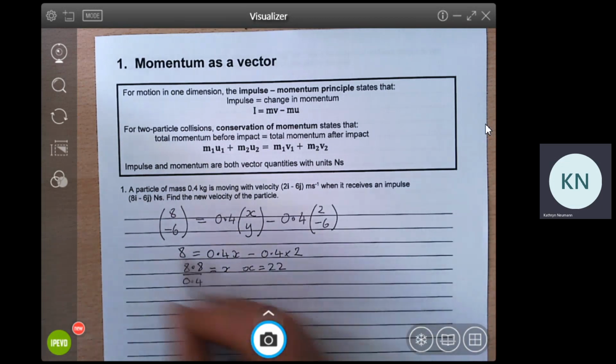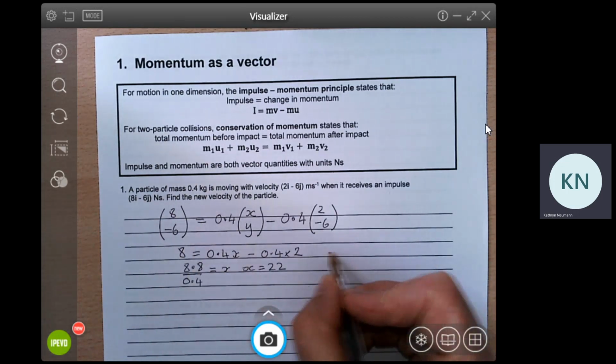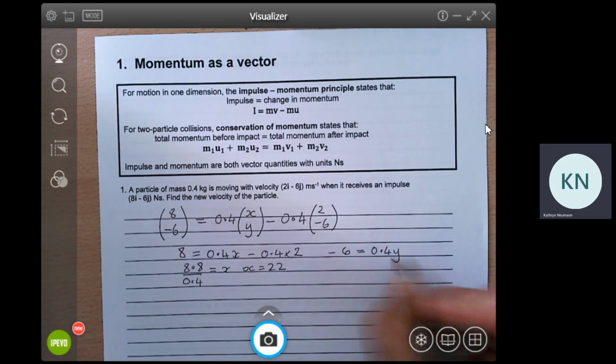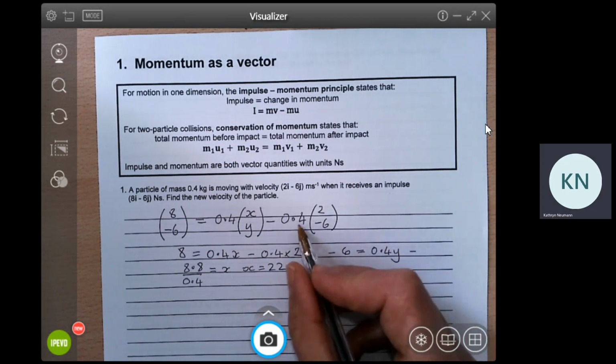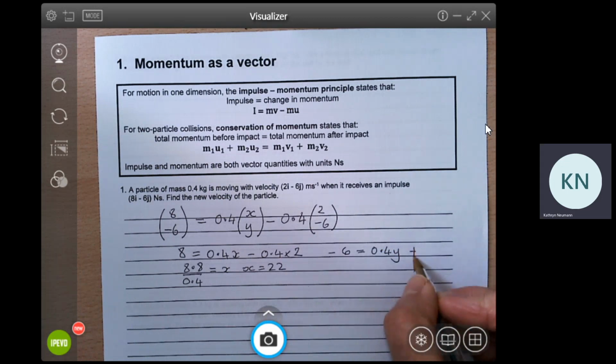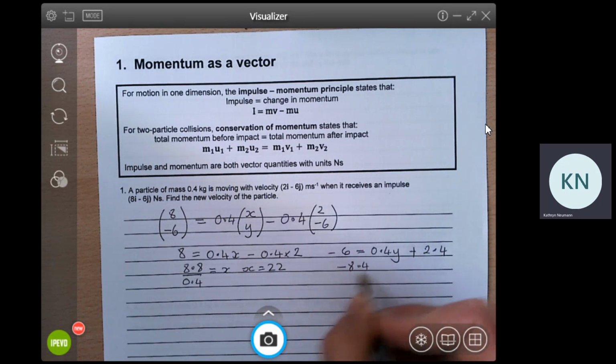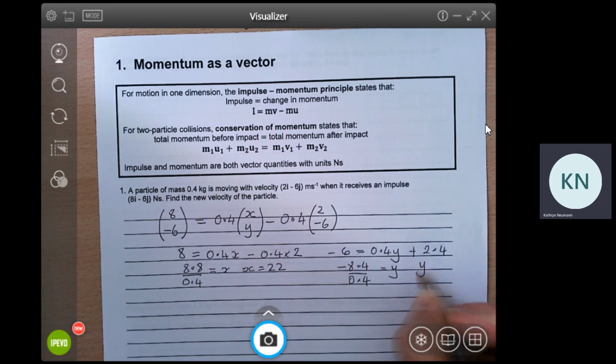Then looking at the lower line, we get -6 is 0.4y minus 0.4 times -6, so that's going to be plus 2.4, and that gives me -8.4 over 0.4 is equal to y, so y is equal to -21.